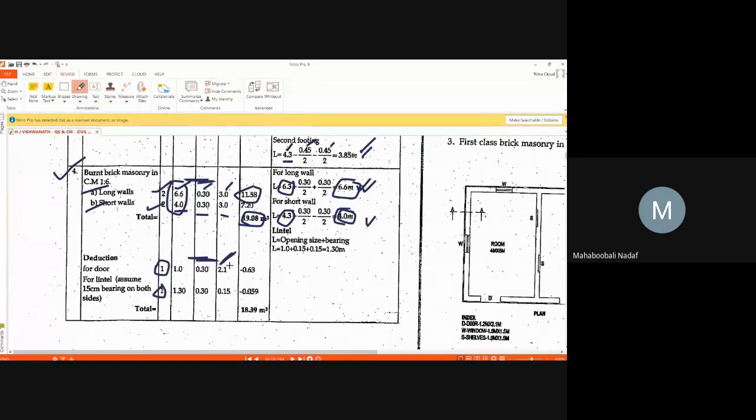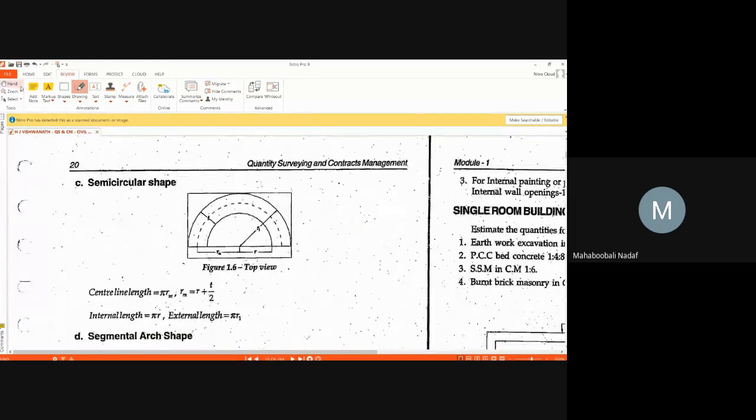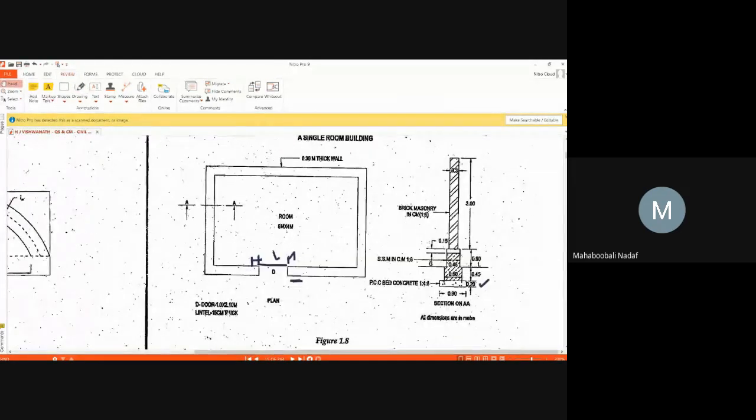Here it is given: door D, 1 meter by 2.1 meter. 1 meter is the width, 2.1 is the height. Similarly, lintel 15 centimeter thick is given.